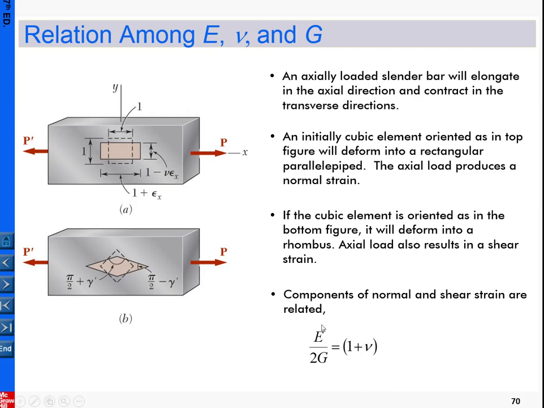Okay, so this relation simply says that as long as you have any two, say if you have E and G, then you should be able to calculate nu, the Poisson ratio, and vice versa. If you have the Young's modulus and Poisson ratio, then you should be able to estimate G by this formula. So given any two of the three material properties, the other one is derived. Okay, so that is the section.